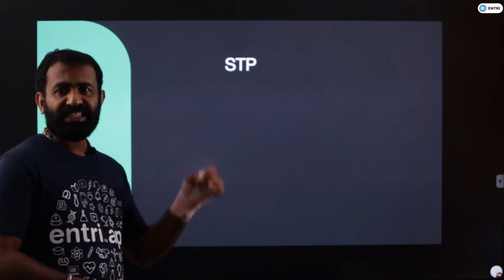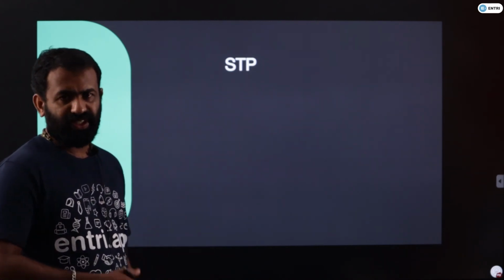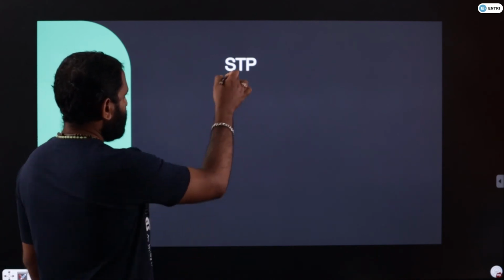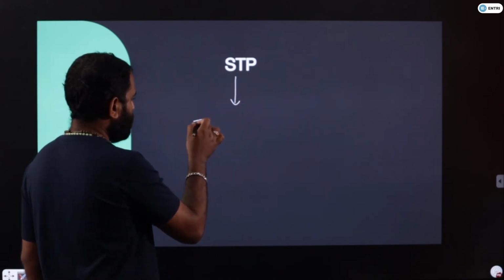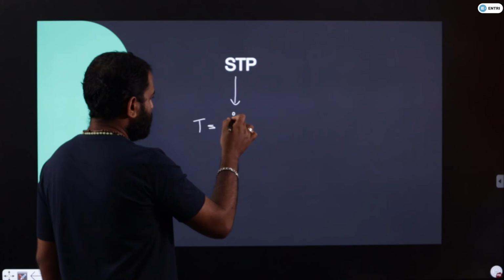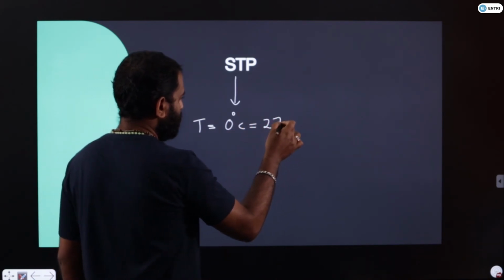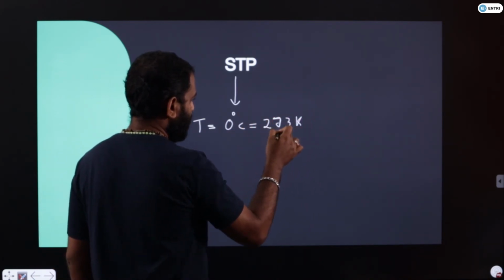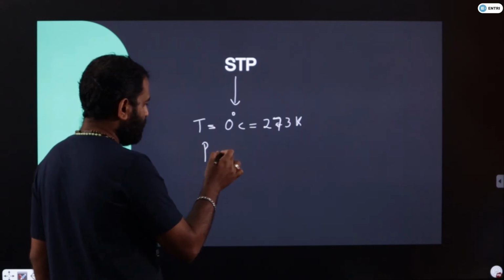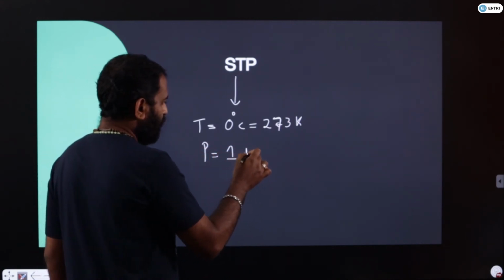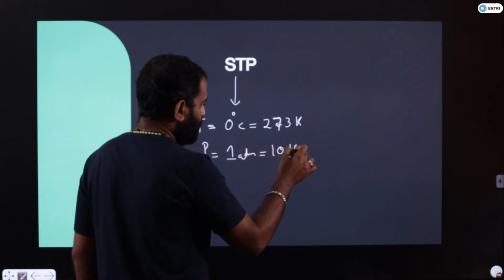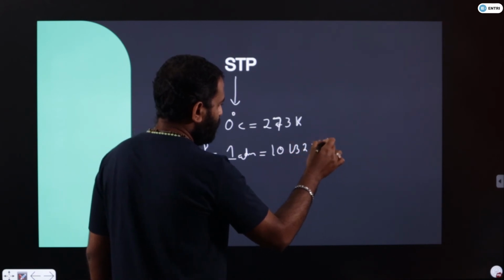And one more thing is standard temperature and pressure, STP. The temperature is 0 degrees Celsius or 273 Kelvin, and pressure of 1 atm or 101325 Pascal.